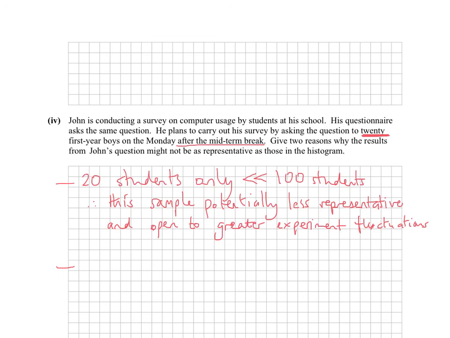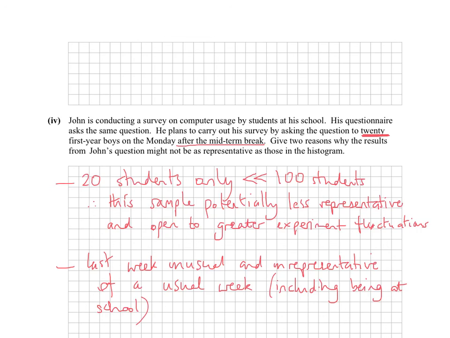We can say that last week would have been unusual and unrepresentative of most weeks in the year. So it's unrepresentative, therefore we're going to get skewed data or biased data.